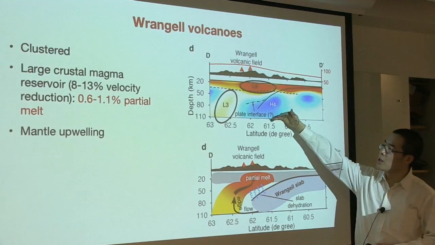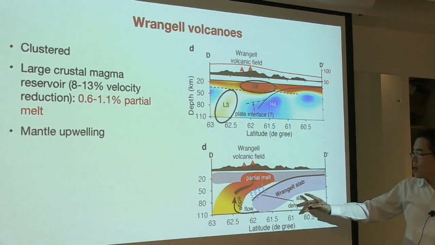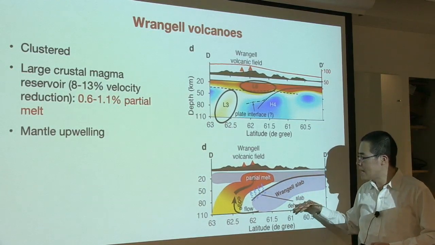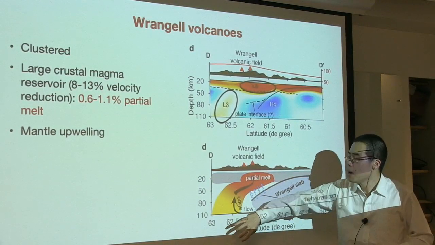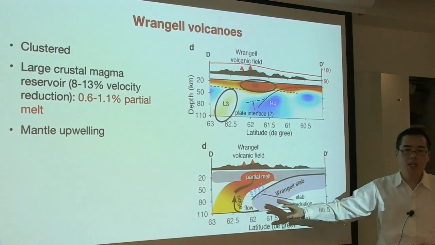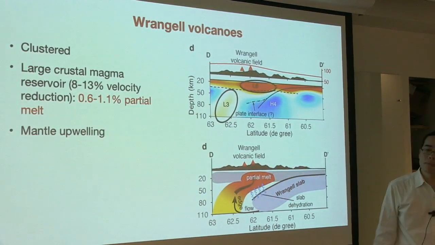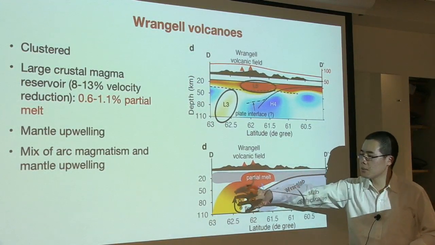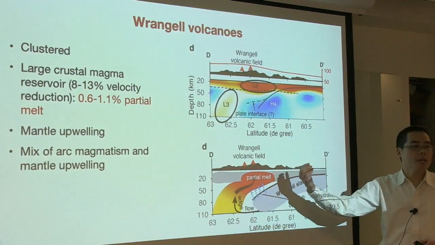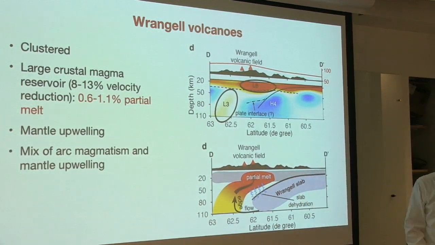This relatively shallower penetration of a slab may provide a condition for some asthenosphere flow beneath the Wrangell slab that could flow around the edge, combined with the mantle convection driven by the subduction, that could provide additional melt to this volcanic field. And this is an explanation of the arc mechanism where we have partial melt in the wedge combined with mantle upwelling, either convectional or from the edge flow, and that could provide a mix of magmatism.